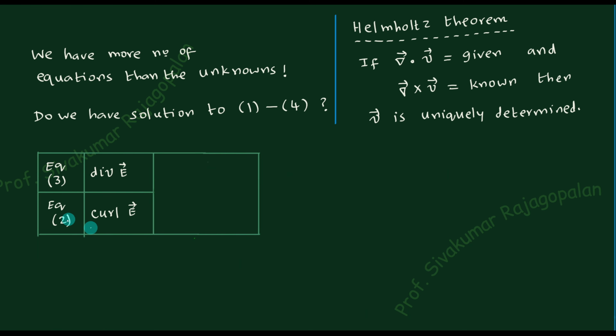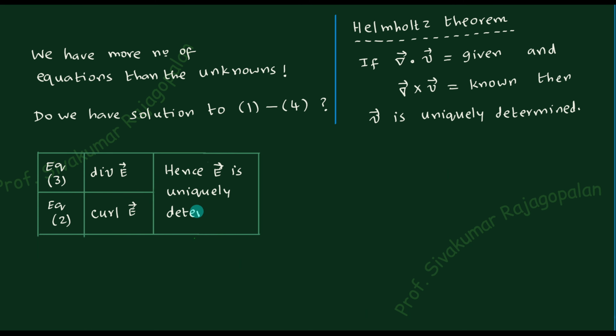That means Maxwell equation 2 and Maxwell equation 3 specify the divergence of the electric field and the curl of the electric field. When the divergence and the curl are available to you, then that vector quantity is determined. Here, that vector quantity is capital E. Hence we can say that the electric field is uniquely determined.